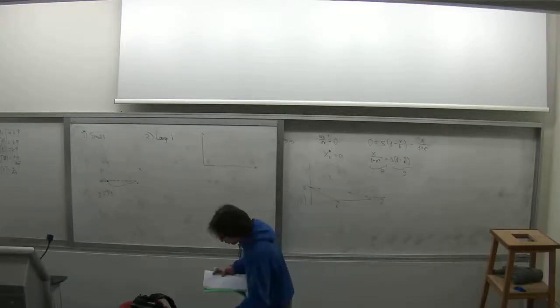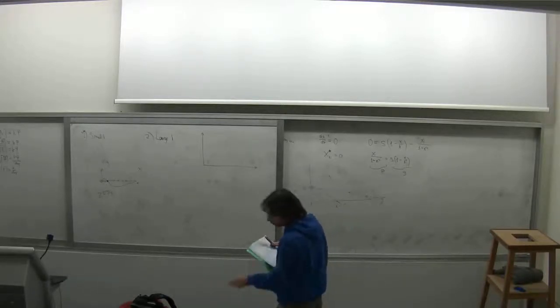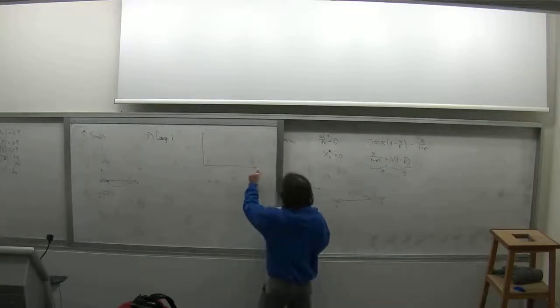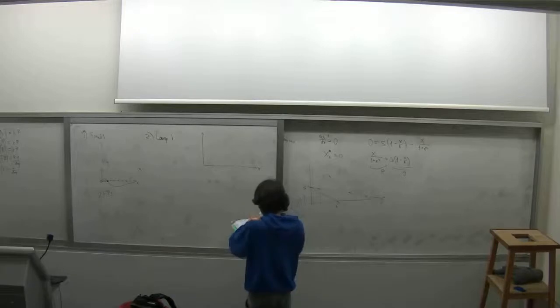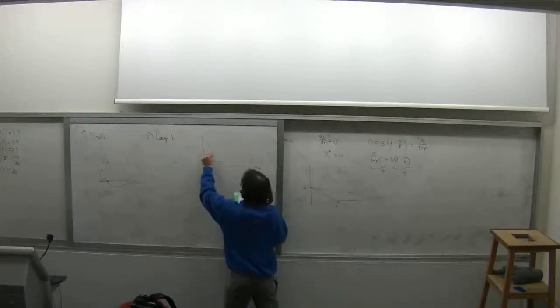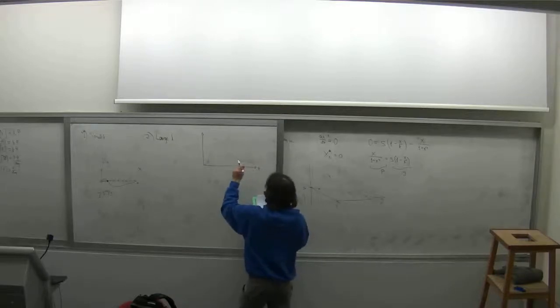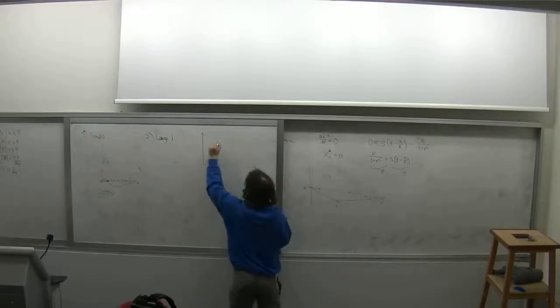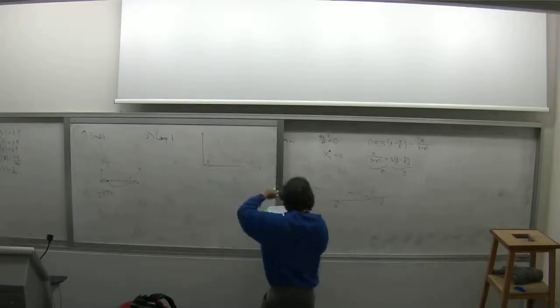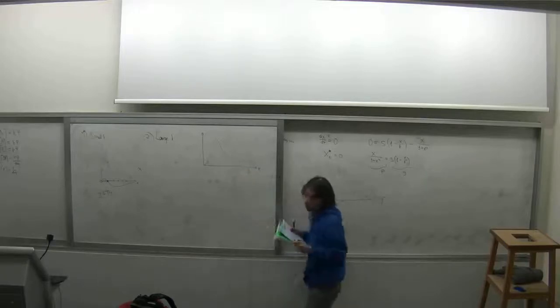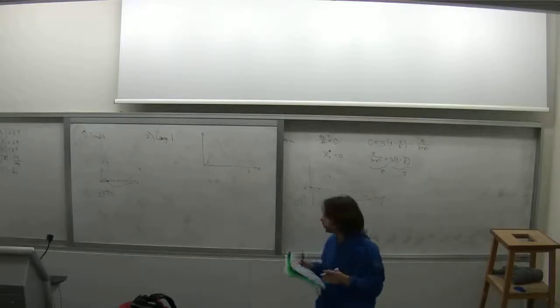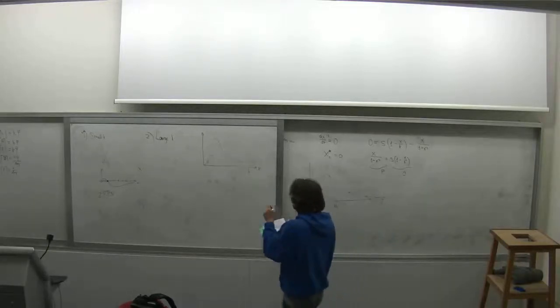Okay, so now for the large k case, this is x. I need to draw it like this. So let's say k is here. Now we can consider different ranges of s.